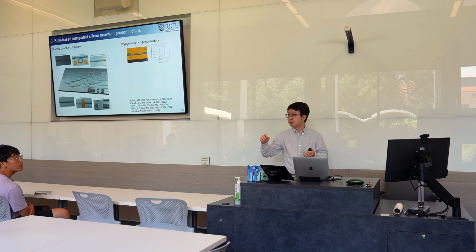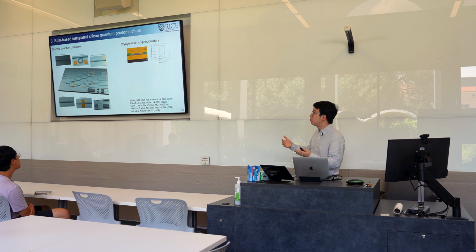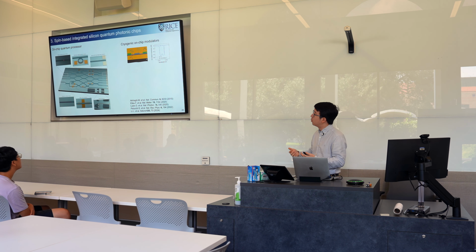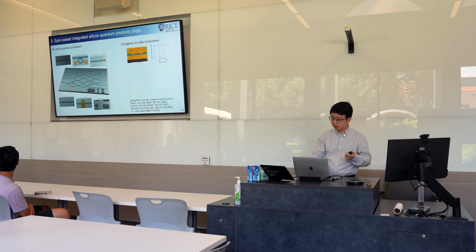That index change can be utilized to do some modulation. But when you go to cryogenic temperature, this thermo-optic effect gets 4 orders of magnitude smaller. So you cannot really do temperature control there. And you want to find some other ways of creating this index modulation and then change the silicon device performance.